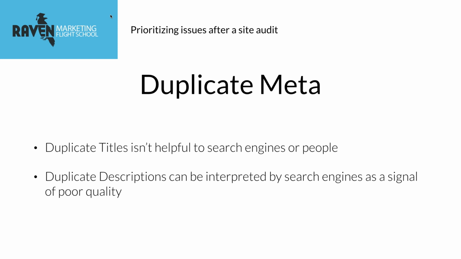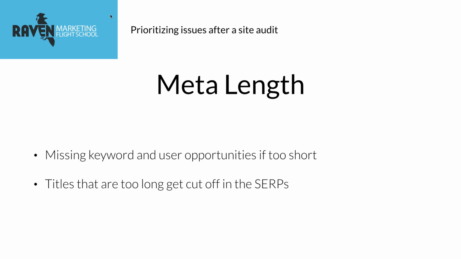So they look at that, but a lot of it relates back to the SERPs and the user experience, which is making sure that you have a description that fits the content of that particular page. And then the last part is the length.